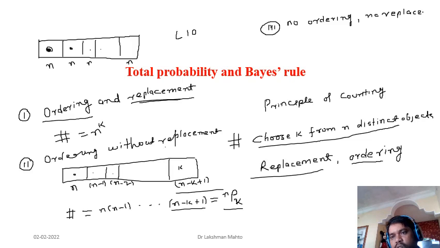It is only talking about selection. So nCk is the very general formula. We denote it nCk. Now, the fourth option, who will answer?